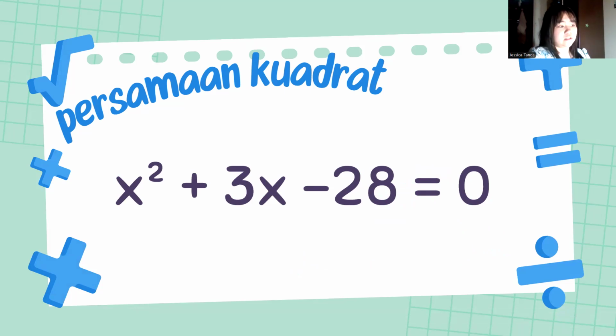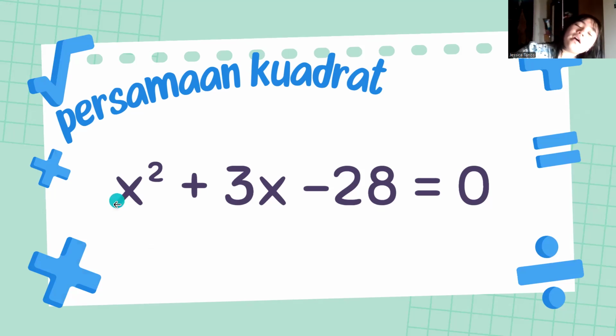If, for example, the equation is equal to maybe 28, we need to move it to the other side and change the sign, because when we move things to the other side, it always changes to the opposite.